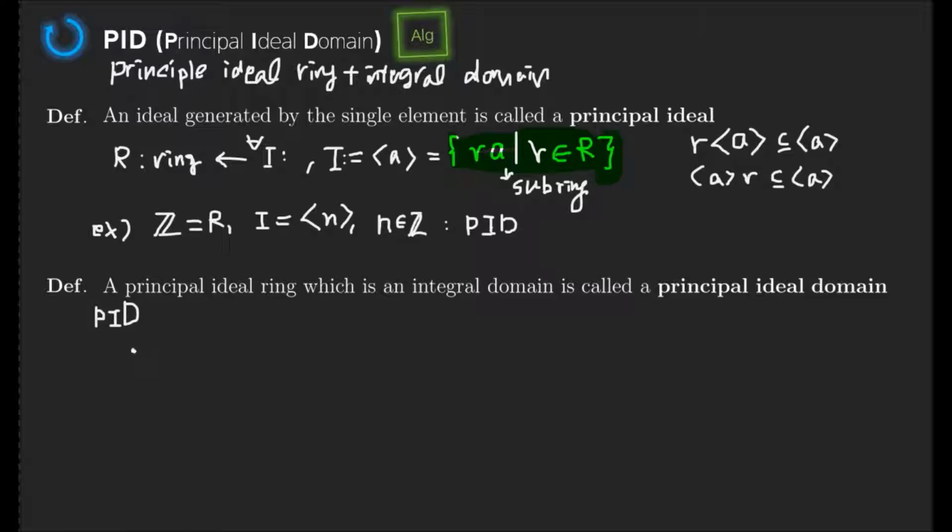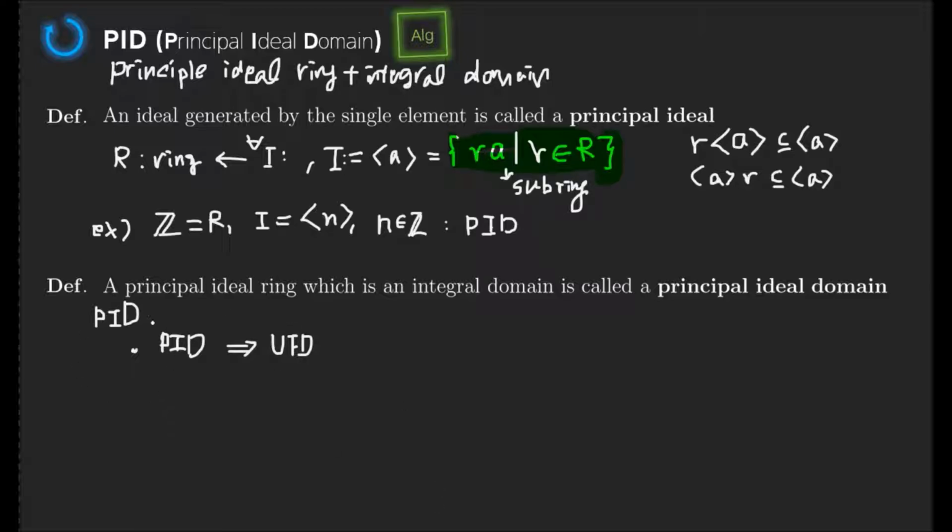One of the properties of PID, I remember, is that every principal ideal domain is clearly a unique factorization domain. The unique factorization domain means an integral domain in which the prime factorization is unique up to the order.